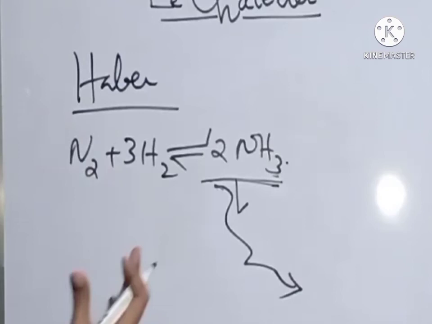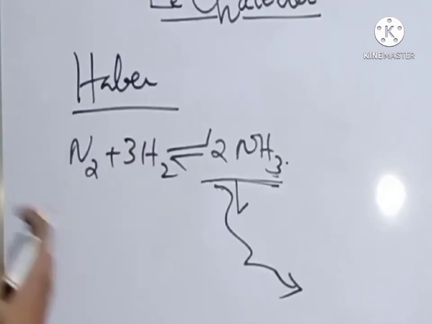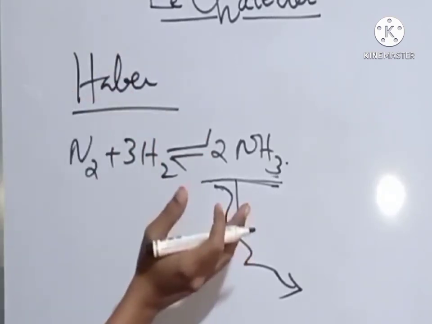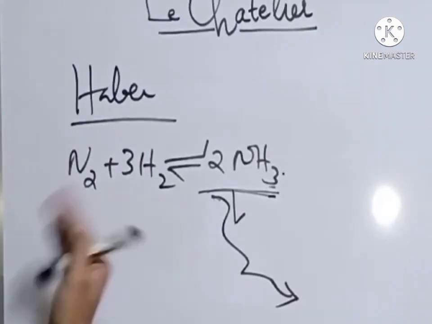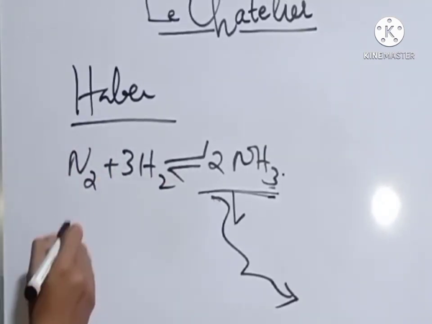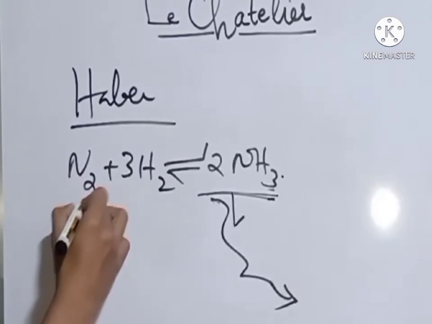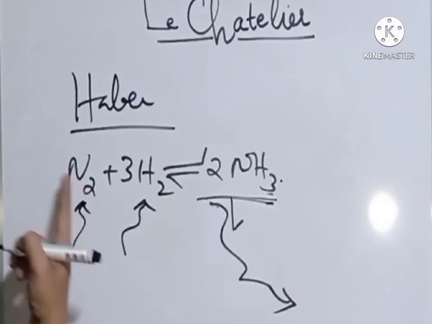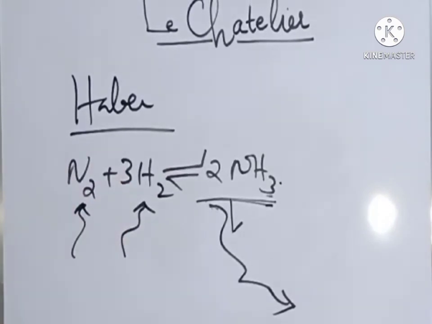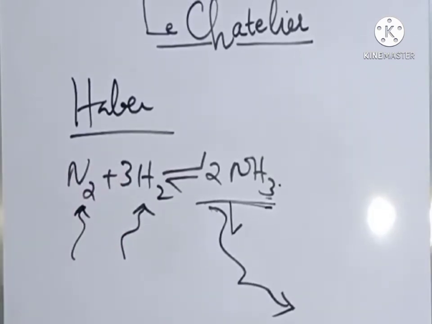Then only we will get ammonia in a larger quantity. Otherwise, the formed product will convert back into the reactants. Or we can increase the amount of ammonia by increasing the amount of reactants, that is, by increasing the concentration of nitrogen and hydrogen used in this reaction.